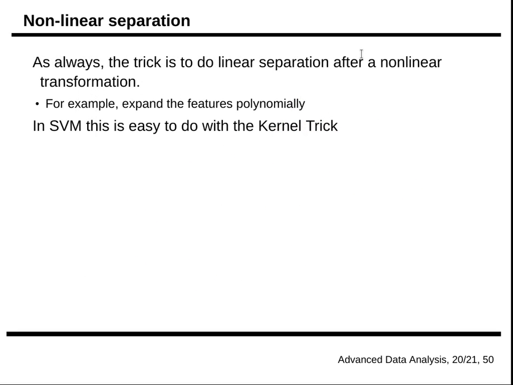But we can use that trick that we saw with logistic regression of increasing the power of the classifier by expanding our data with nonlinear transformations into higher dimensions. This we did by hand with logistic regression, but with support vector machines we can use the kernel trick.